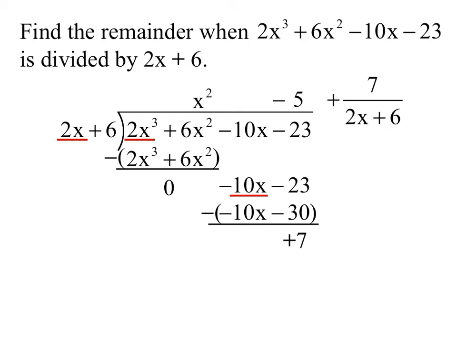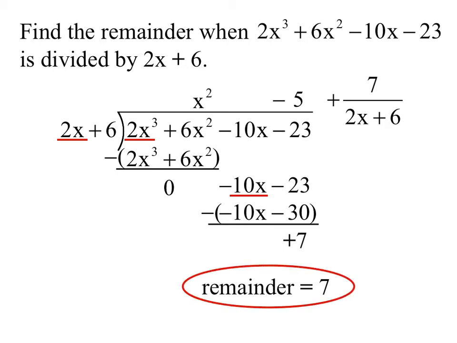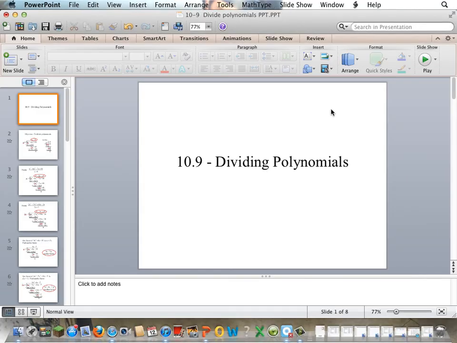And what I'm left with is 7 over 2x plus 6. In this case, my remainder is 7. So that's all you would write if that were the question on a test. All right, I'm going to add another slide. I'm going to show you one more.